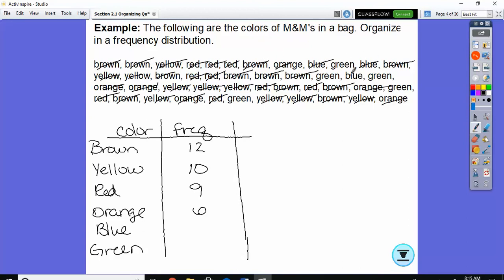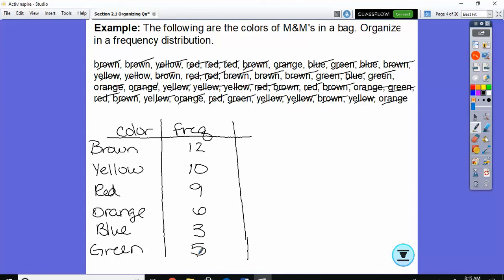Blue. 1, 2, 3 blue. And green. 1, 2, 3, 4, 5. 5 greens. So that's a frequency distribution.